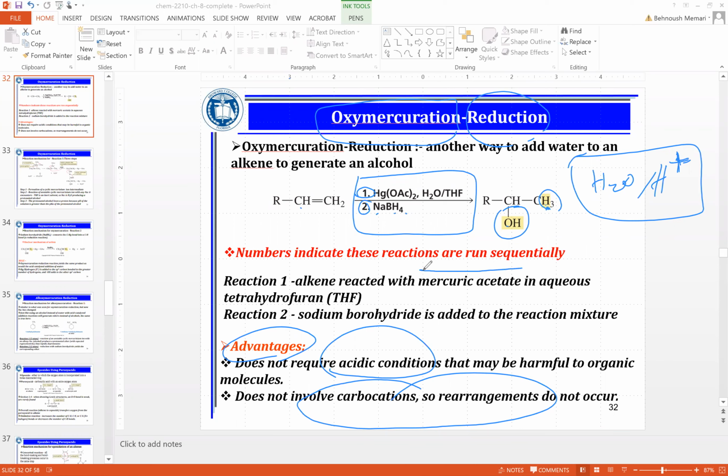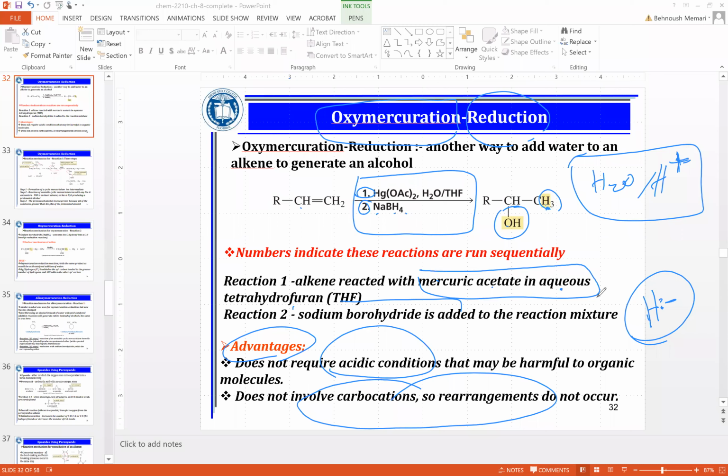First, the alkene would react with mercuric acetate. Then you bring the sodium borohydride to the reaction mixture to bring a hydride. Basically, hydride means hydrogen with a pair of unshared electrons and a negative charge, hydrogen with two electrons.